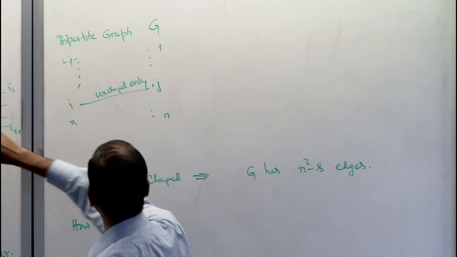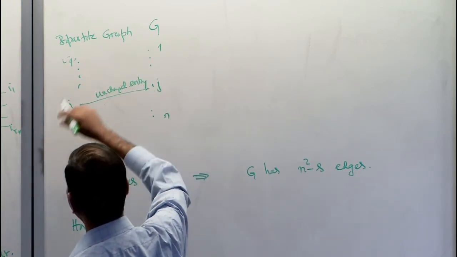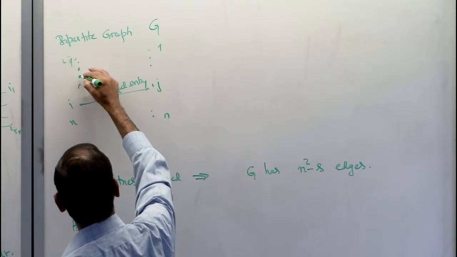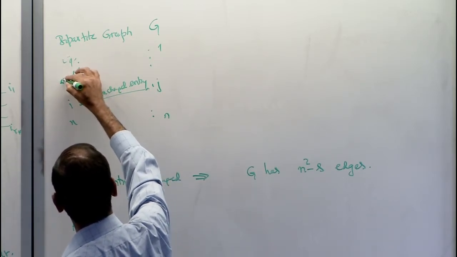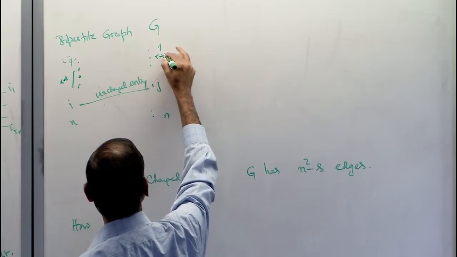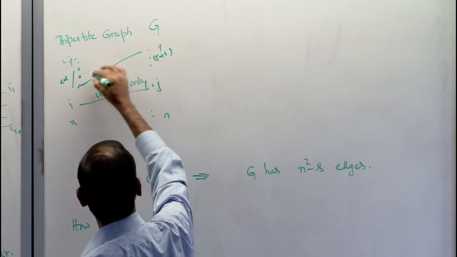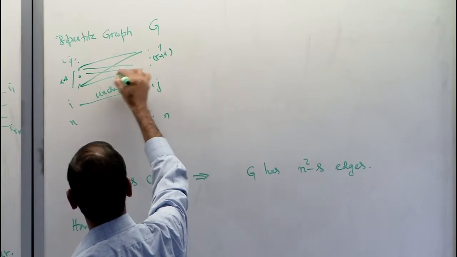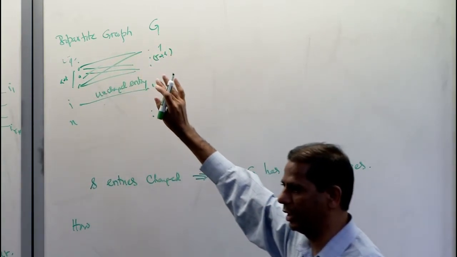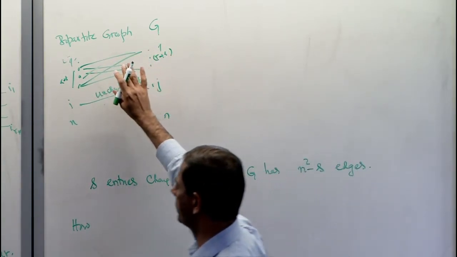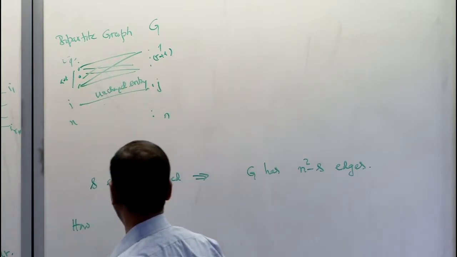And what is a square submatrix? It corresponds to R plus 1 vertices on one side and R plus 1 vertices on the other. If it is not changed, this will be a complete bipartite subgraph. An R plus 1 by R plus 1 submatrix with no changes means you have a complete bipartite graph.